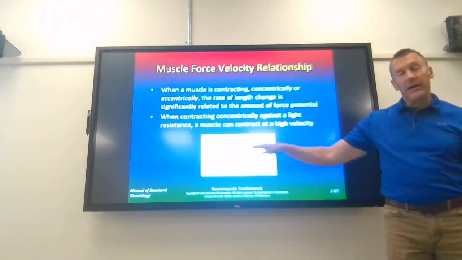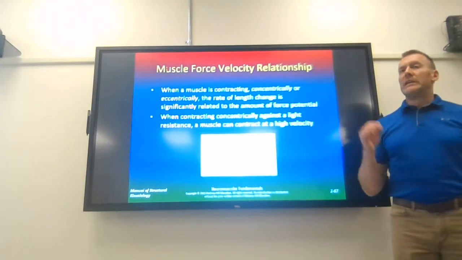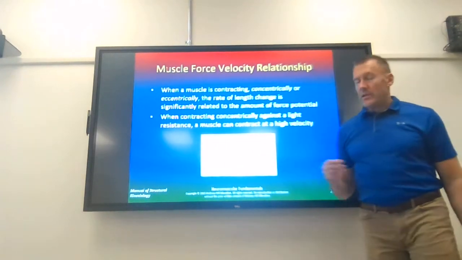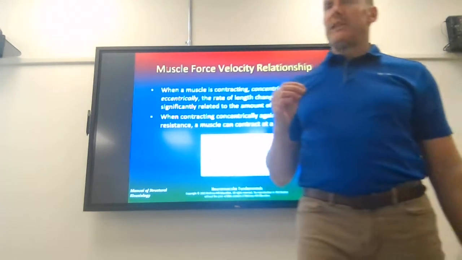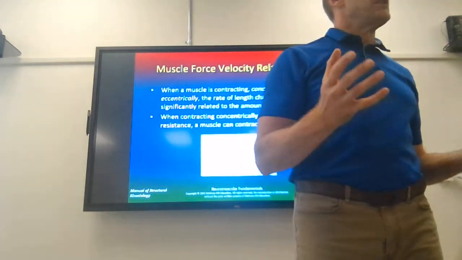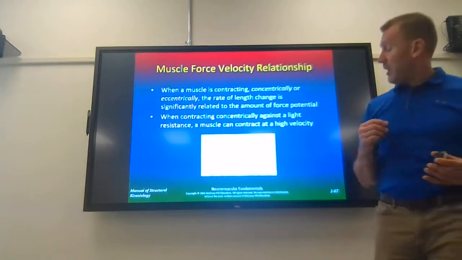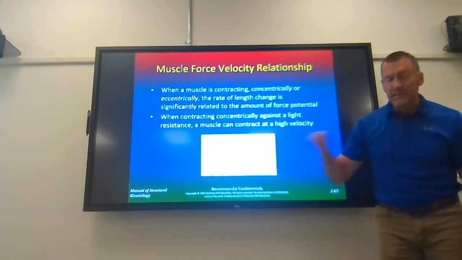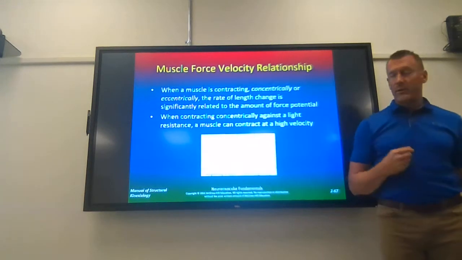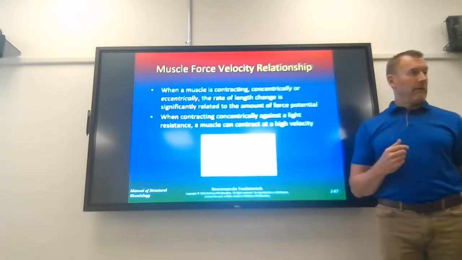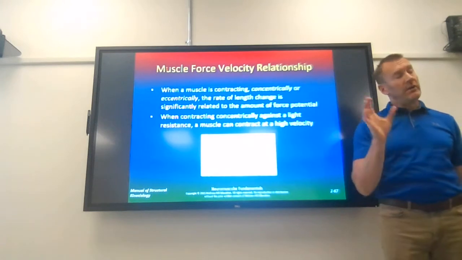Force is going up. So during concentric actions, there's an inverse relationship between velocity and force. Velocity goes up, force goes down; velocity goes down, force goes up, until eventually you have no velocity left. And what type of muscle action do we have there? It'd be isometric, so we don't have any more movement.